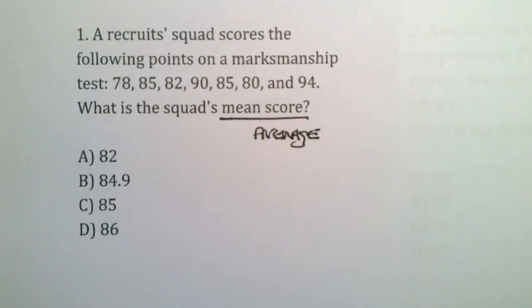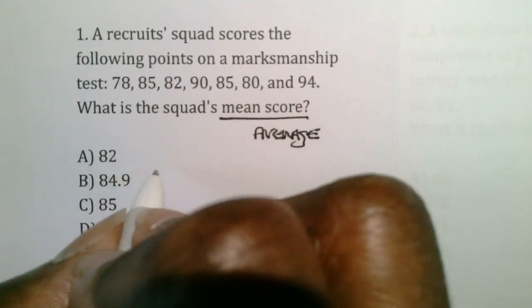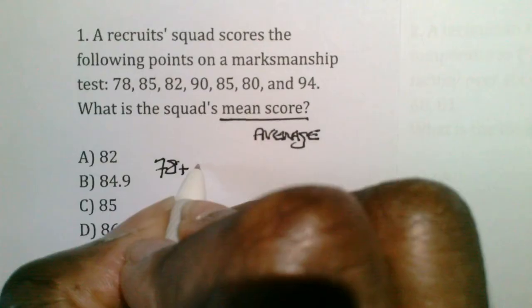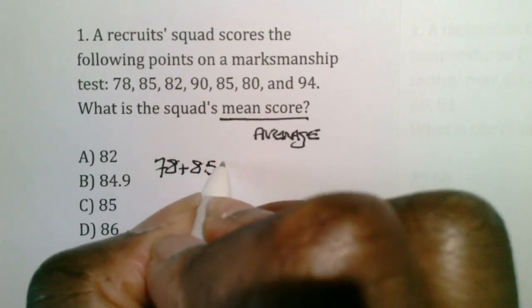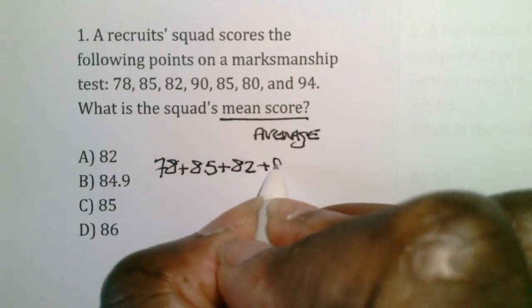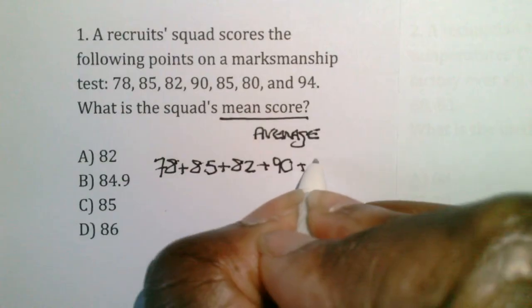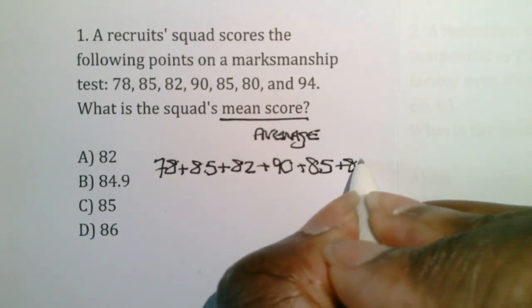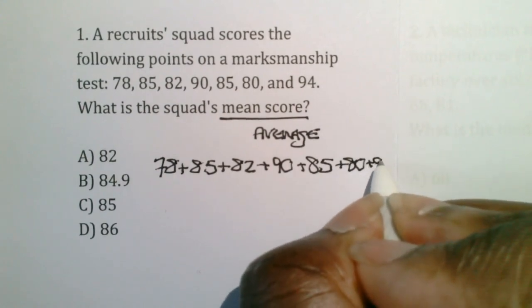So in order for us to get our average score, we're basically taking our 78 plus our 85 plus 82. They don't have to be in order. We're going to have to add all these numbers up, including that 94.